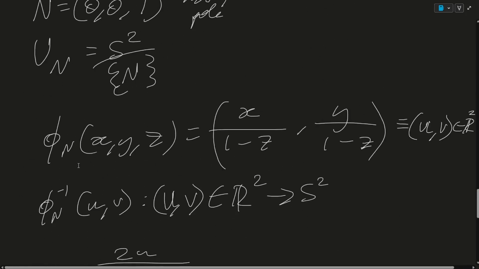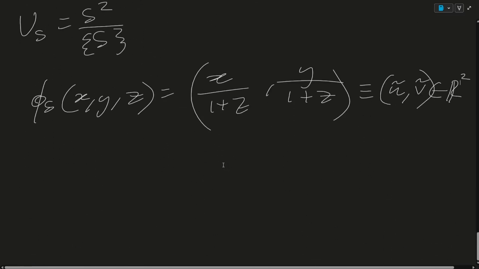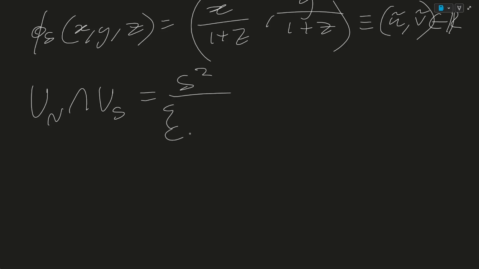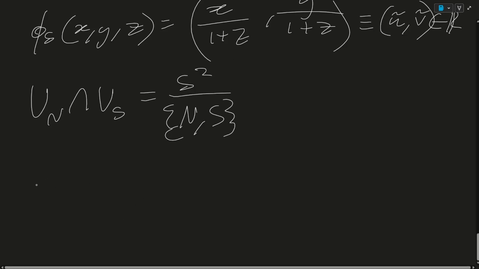We don't need the inverse function here actually, because if we recall our overlapping area, this is going to be U_N intersect U_S, and this is going to be S squared minus the set of N and S, and we can evaluate our transition map. First of all, let's figure out what u tilde is.